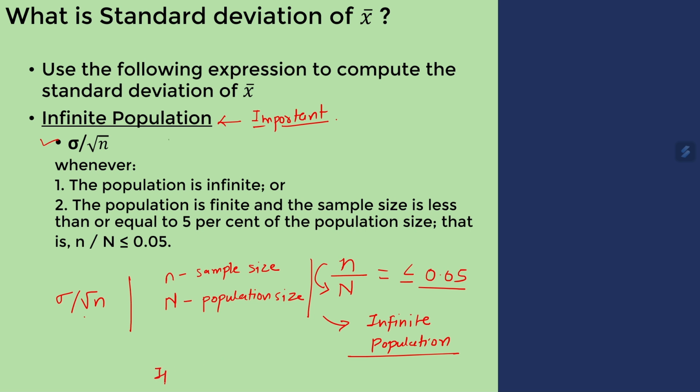If n by N is greater than 0.05, it means that the population is finite. In that case, we will use the formula root of (N minus n) upon (N minus 1), into sigma by root n.